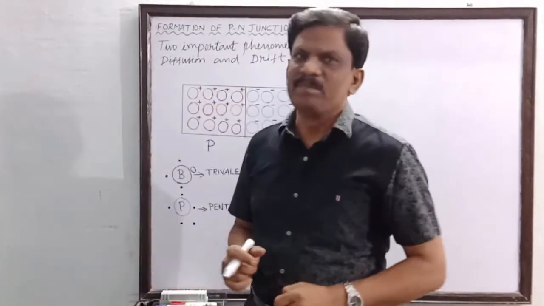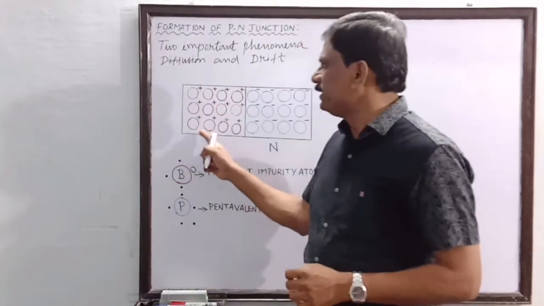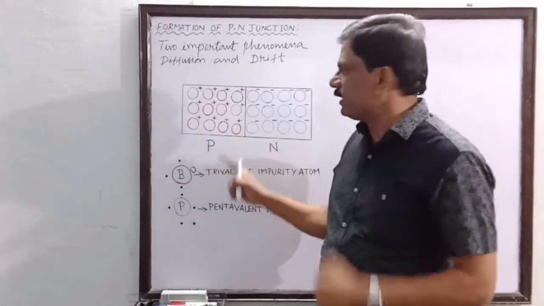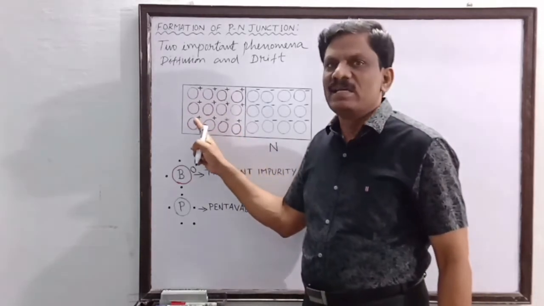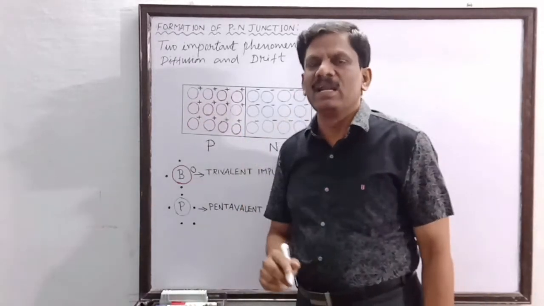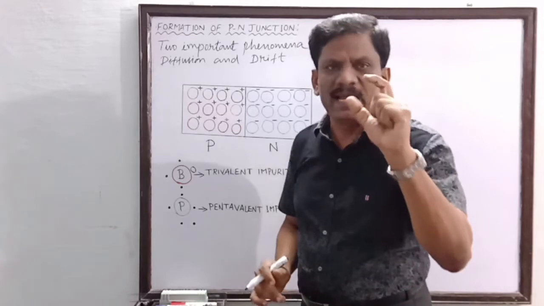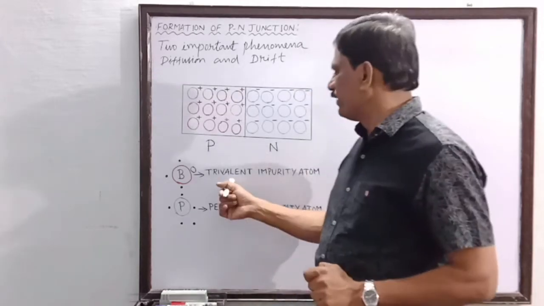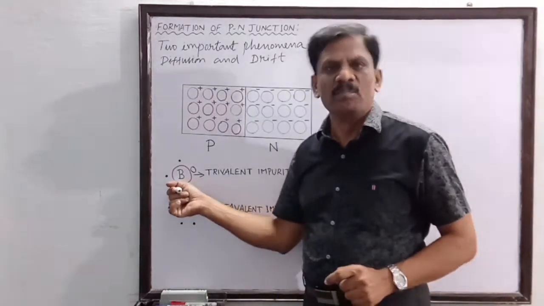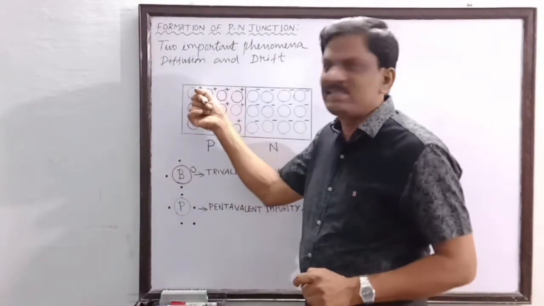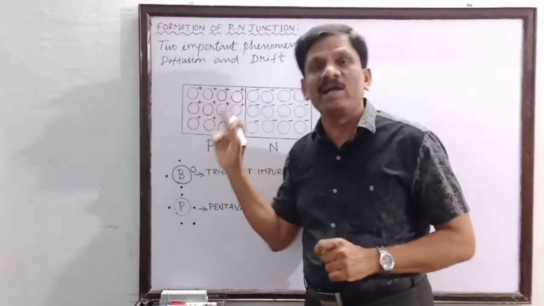Again I am repeating, my dear students, in the P region, now you are looking at the red color circles. Each red color circle is the impurity atom, such as what? A trivalent impurity atom, such as boron. And why is there a plus sign above that circle I have marked?